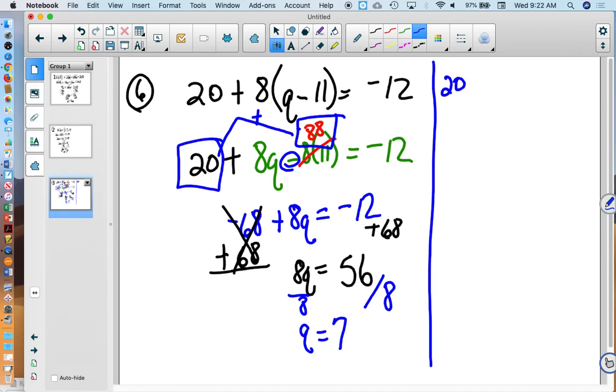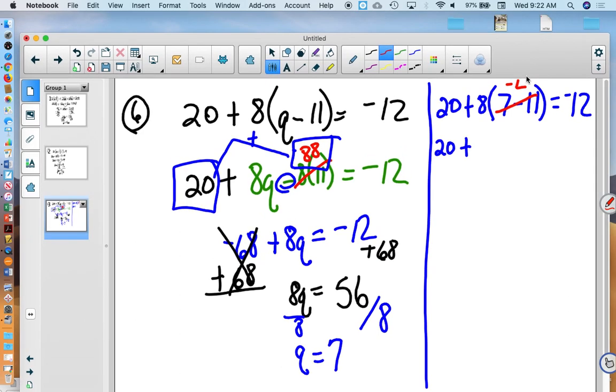I've got 20 plus 8 times 7 minus 11 equals negative 12. I have to make sure it checks. 20 plus, what's 7 minus 11? Negative 4. Better be negative 4. And 8 times negative 4 is negative 32.